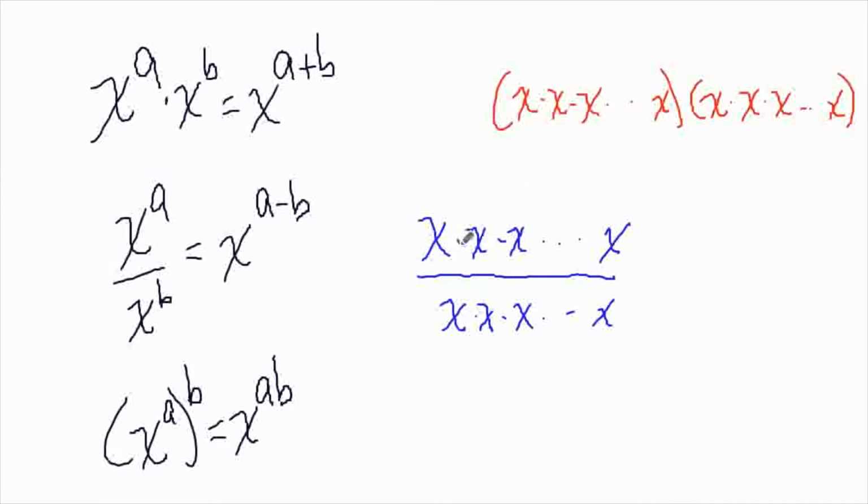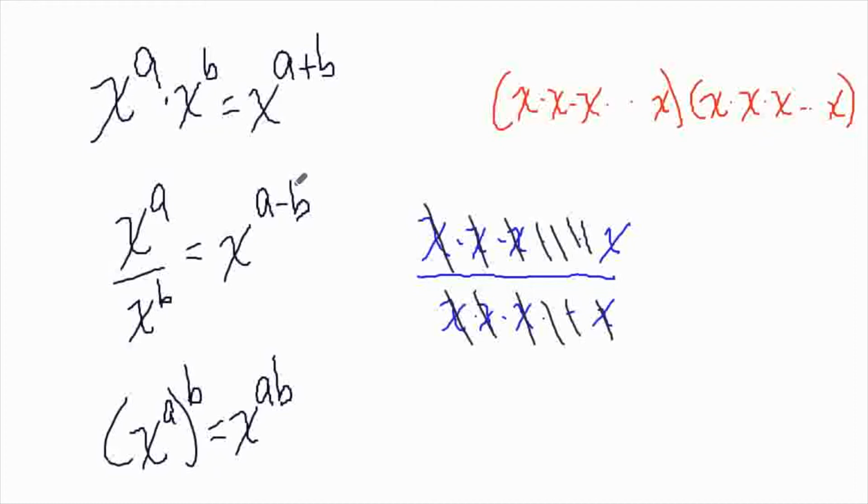We have a different quantity of x's on top and bottom. Let's say that b was the smallest number, so we would cancel all the b x's on the bottom, and then we would get rid of b x's on top. And then how much would we have left? We would have the difference of a and b, and that's why that's the rule.